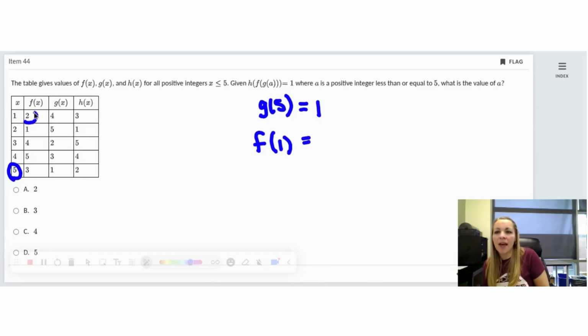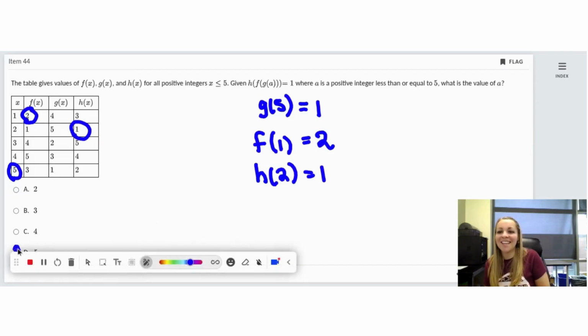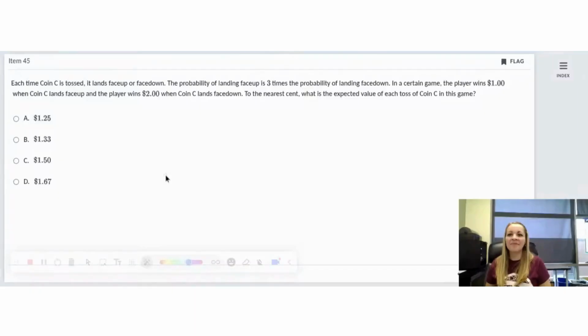It looks like my value there is 2. And now I'm doing h of 2. So I'm going to find 2 and what's the h value? It's 1. And that's what I wanted to get here. So this one is option choice D for 5.